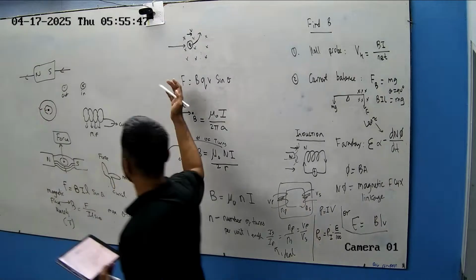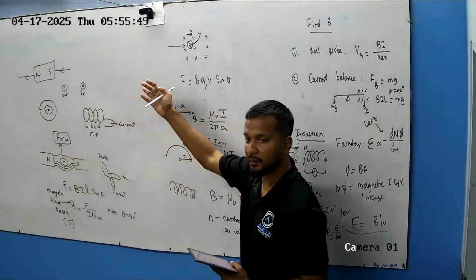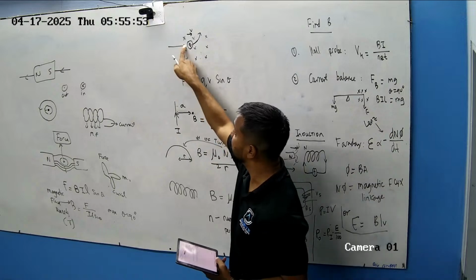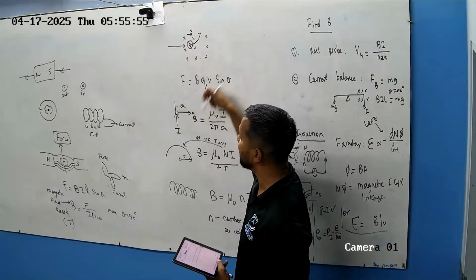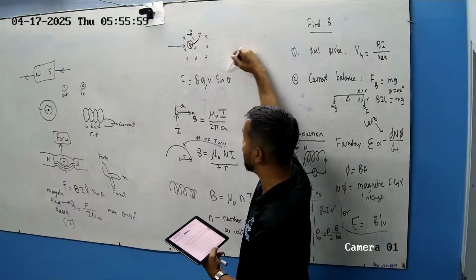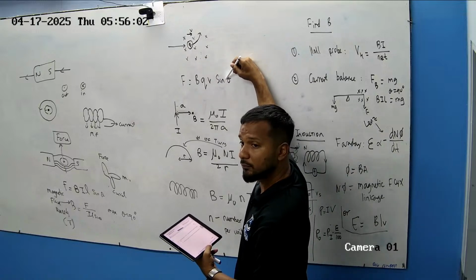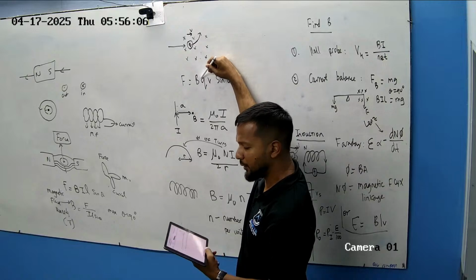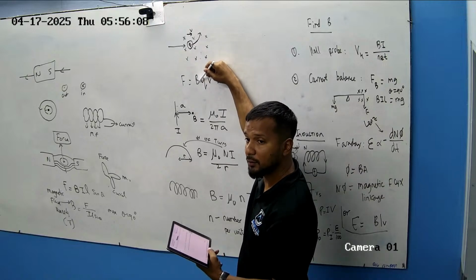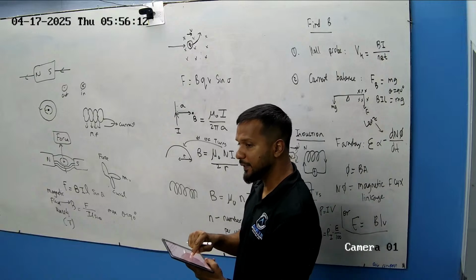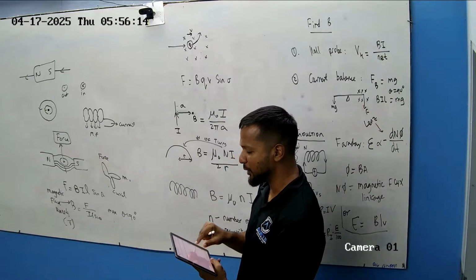So it looks like this, an electron moving in a magnetic field. They gave us the velocity, they gave us the strength, and they told us theta is 90, right? And Q is the charge of an electron.